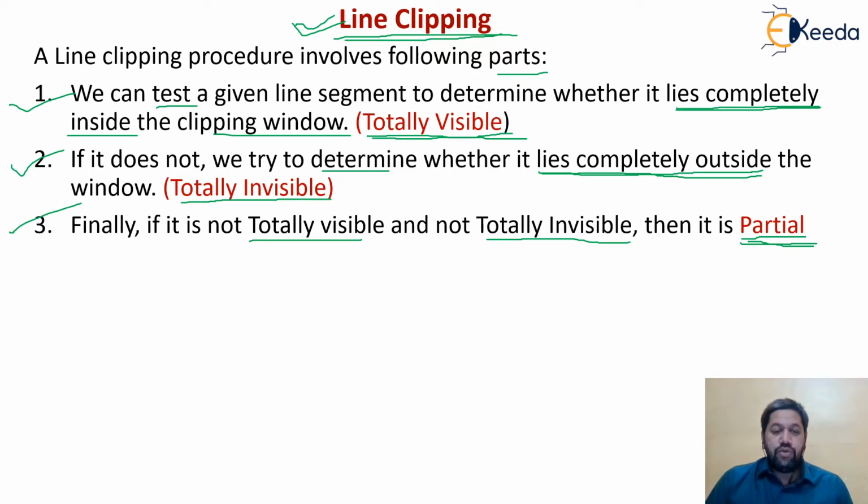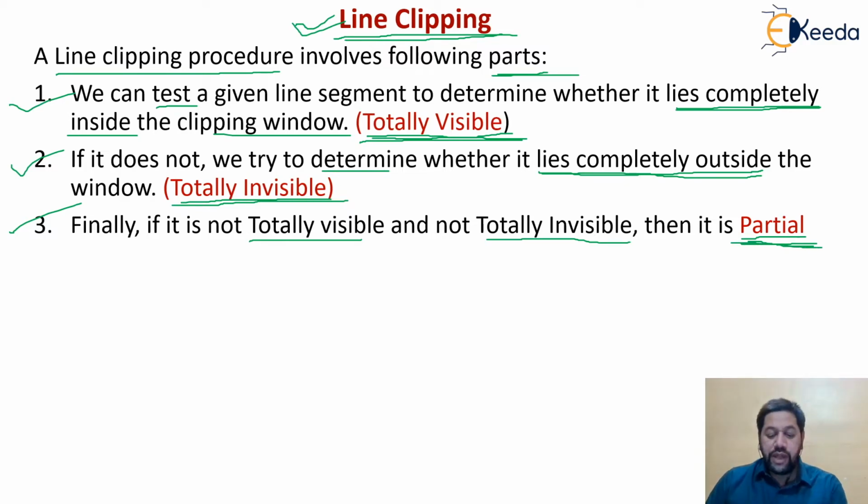So the line clipping algorithm involves the following three parts, which is my visibility test. I first find out whether the line is totally visible, meaning completely inside. Then I check whether the line is totally invisible, completely outside, or whether the line is partial.